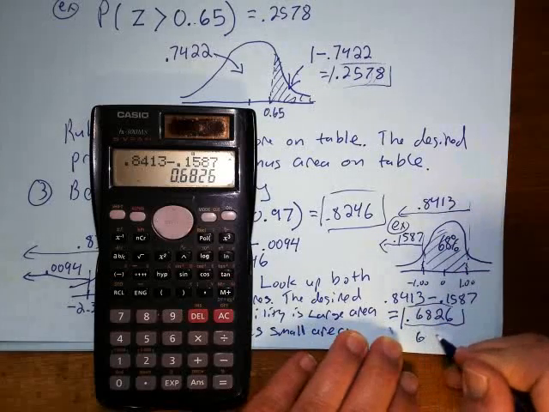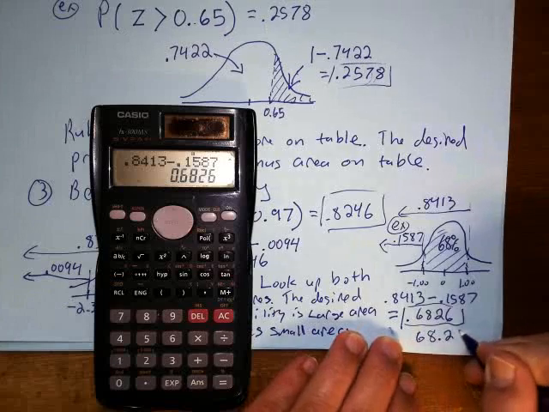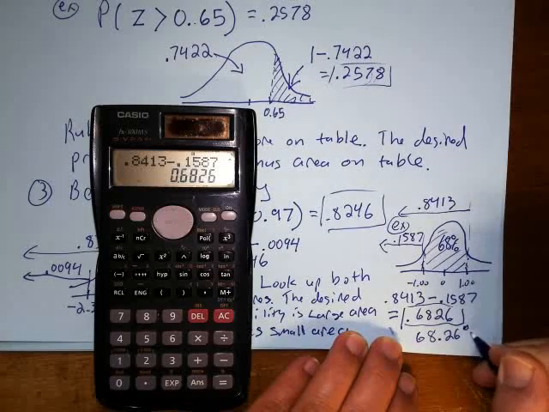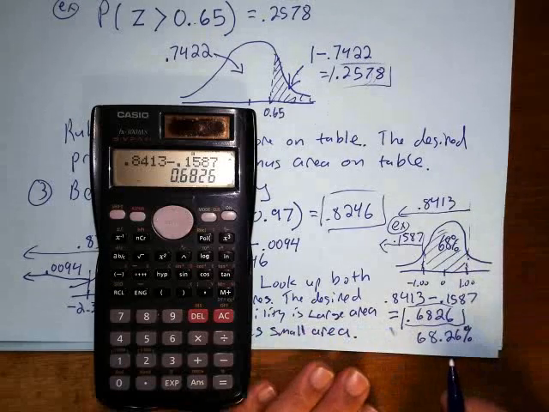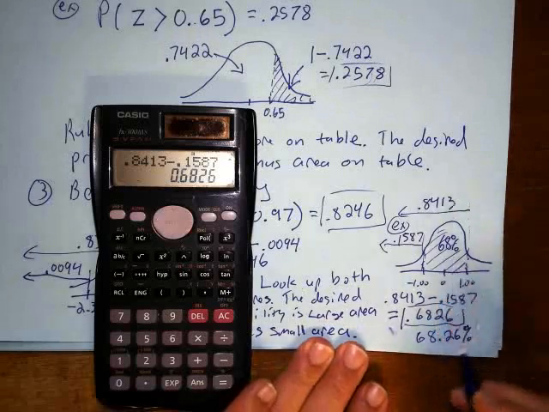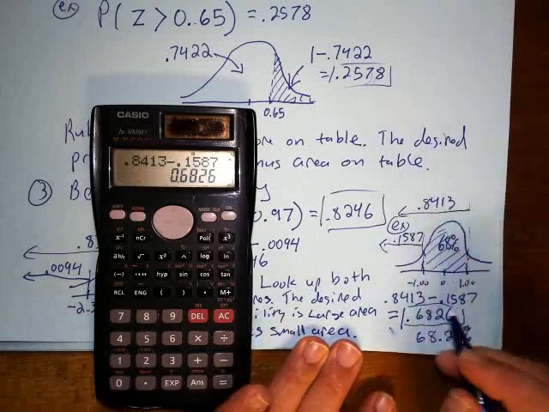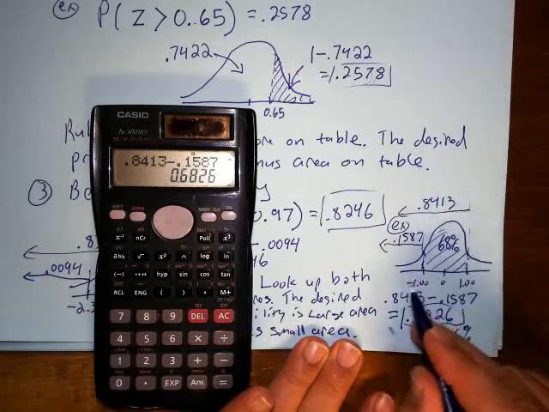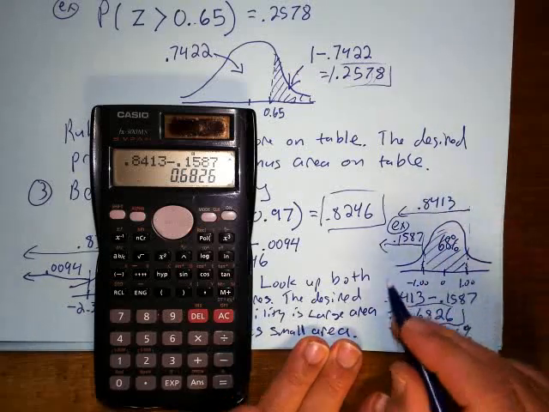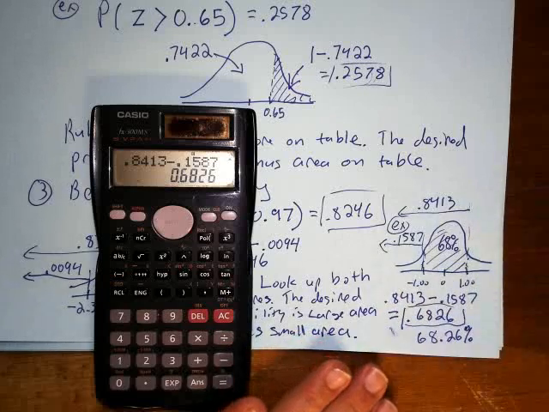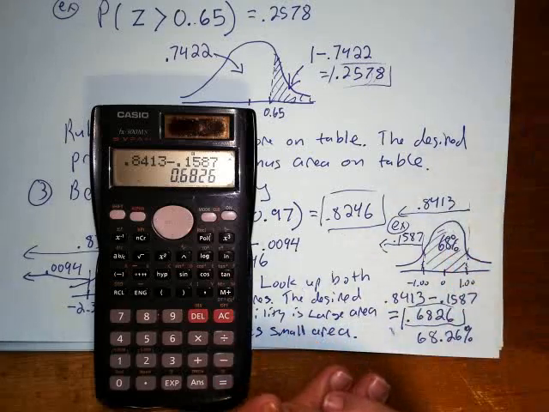If I change it to a percentage, it'd be 68.26%, and so the 68% is just rounding to the nearest percentage. That's where the empirical rule comes from. You could do between -2 and 2 and -3 and 3, and you would get those percentages, and they would hold for any normal distribution.